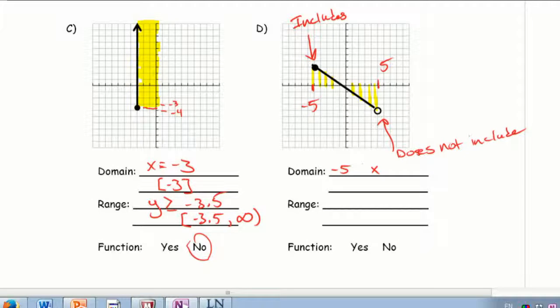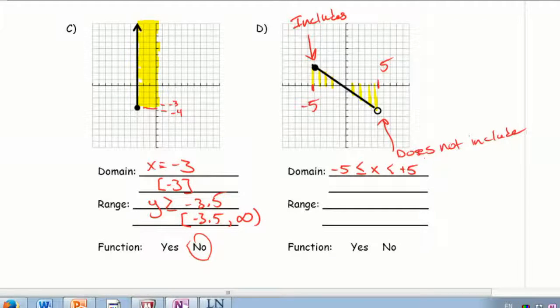Going back to the greater than or equal to stuff that you learned, probably in grade 8 or something like that. So my x values are going to be greater than or equal to negative 5, but they're all going to be less than positive 5.